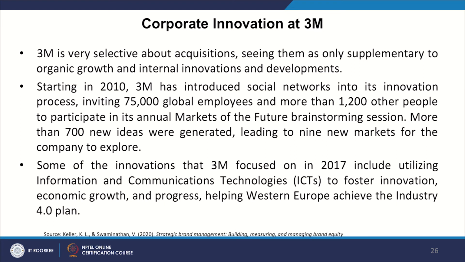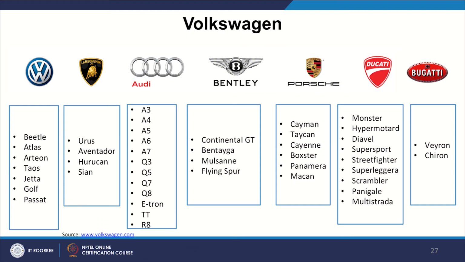Some of the innovations that 3M focused on in 2017 include utilizing information and communications technologies to foster innovation, economic growth and progress, helping Western Europe achieve the Industry 4.0 plan. Once again, look at this chart of Volkswagen. And now you look at it with the perspective of corporate branding.